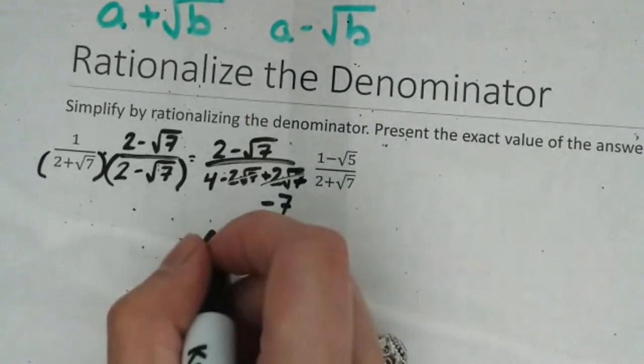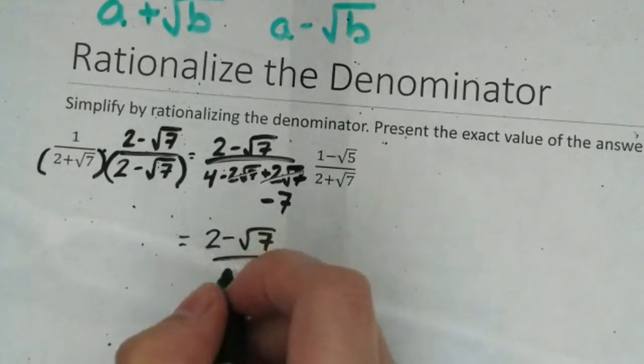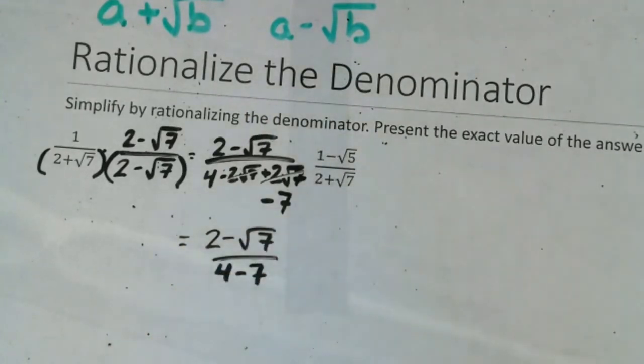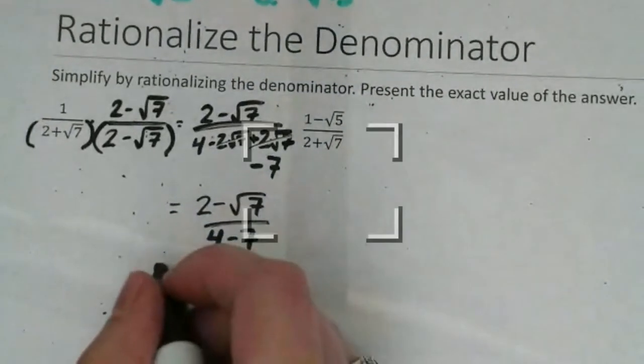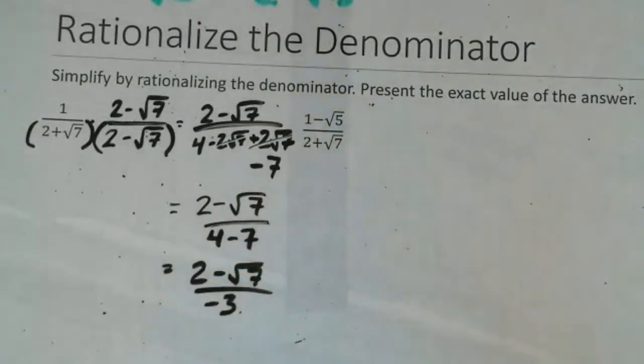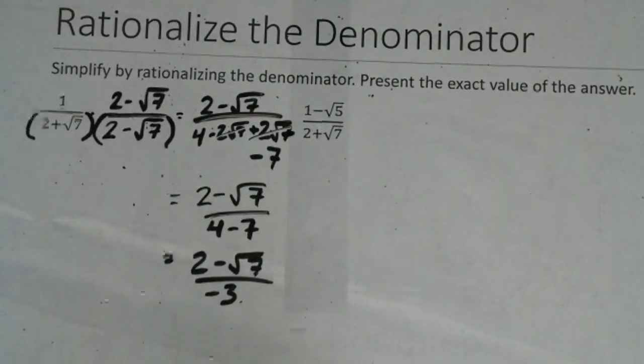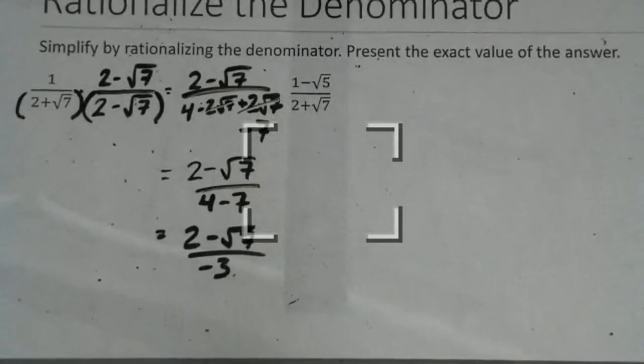So what we're left with is the 2 minus the square root of 7 in our numerator and 4 minus 7 in our denominator, which is 2 minus the square root of 7 over a negative 3. That's a perfectly acceptable answer. If it makes you uncomfortable having a negative in the denominator, you can move it to the numerator.